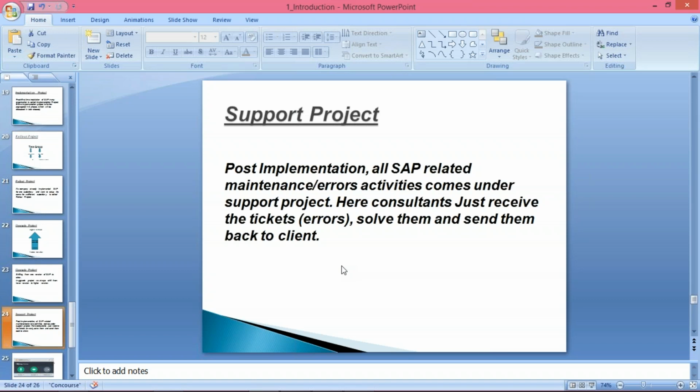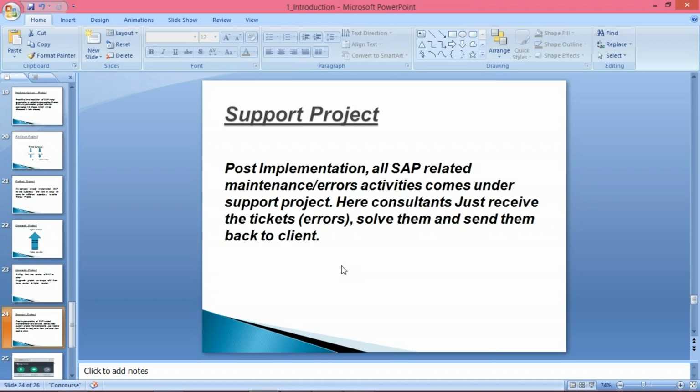So these are the four types of projects, guys: implementation, rollout, upgrade, and support. These are the four kinds of projects in SAP, and most likely once you get placement and become a consultant, there is a 90 to 95% chance that you will be part of a support project, because the number of support projects is much higher compared to implementation and rollout.